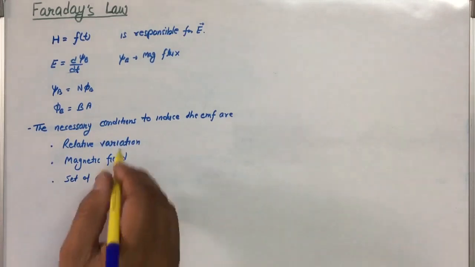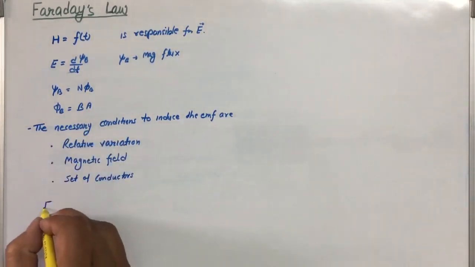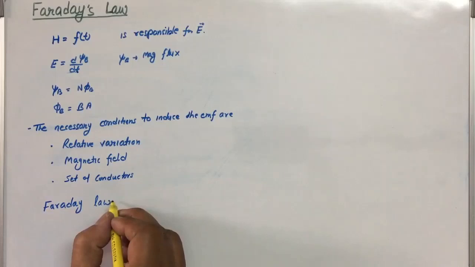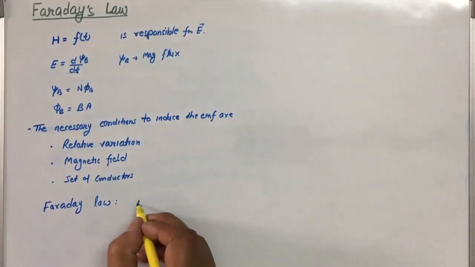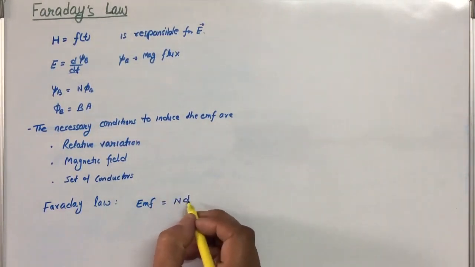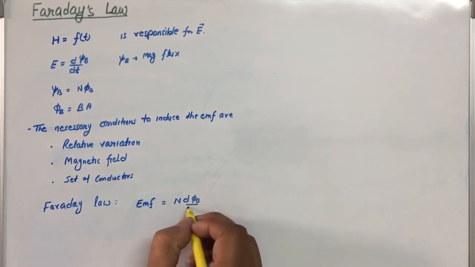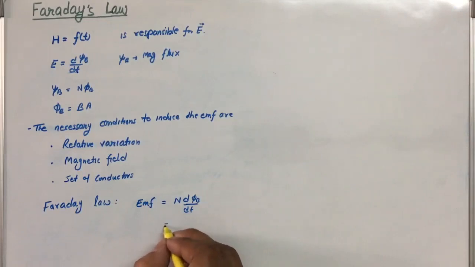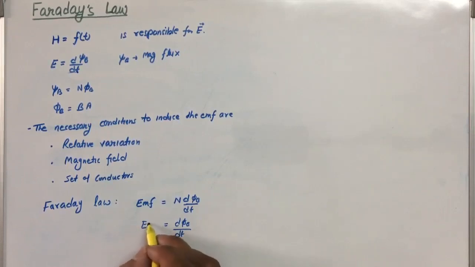Okay, now according to Faraday's law, EMF can be equal to the rate of change of phi B. If we assume N is equal to 1 for a single coil, single conductor, then EMF will be equal to the rate of change of magnetic flux.